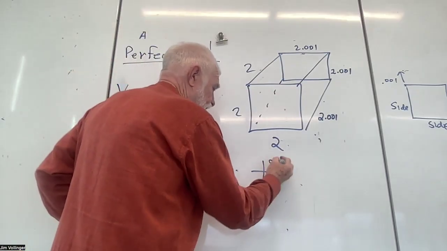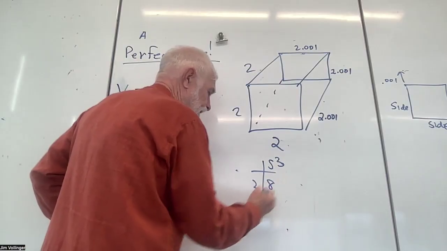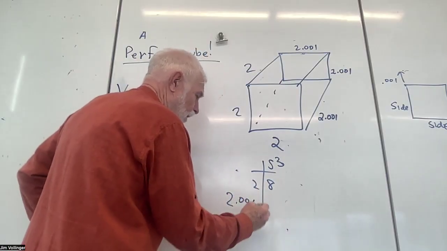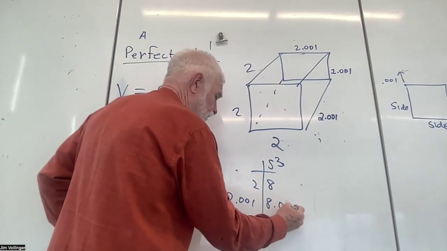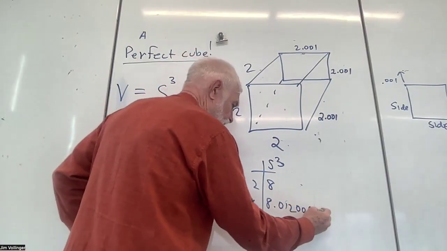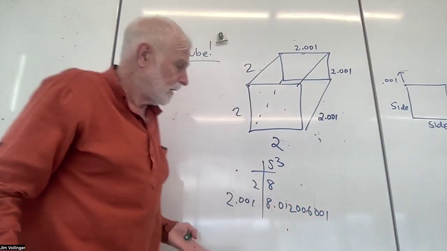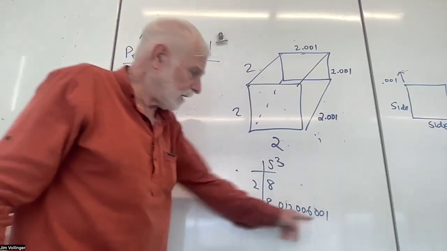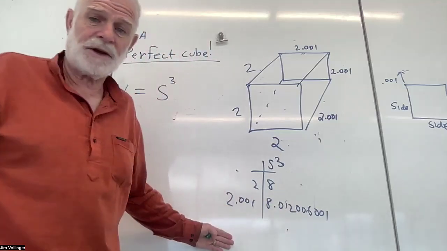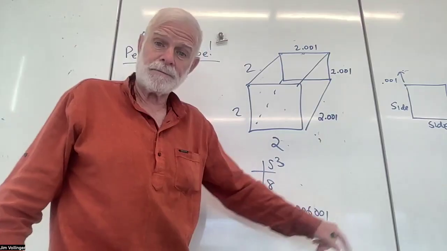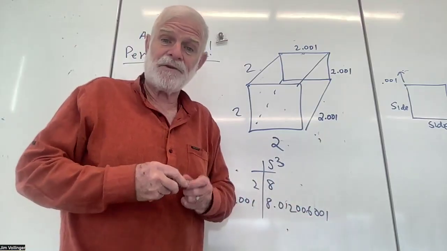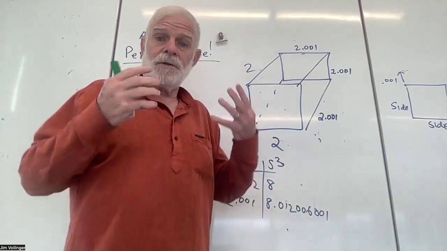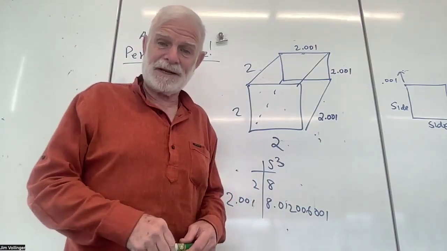I know that if I cube 2, I get 8, and 2.001 cubed is equal to 8.012006001 without a calculator. Give me as many zeros as you want, and I'll give you that number. Give me 100 zeros. I don't care. I'll write what the product is because of the patterns that come from the cube, the geometric aspects of it.